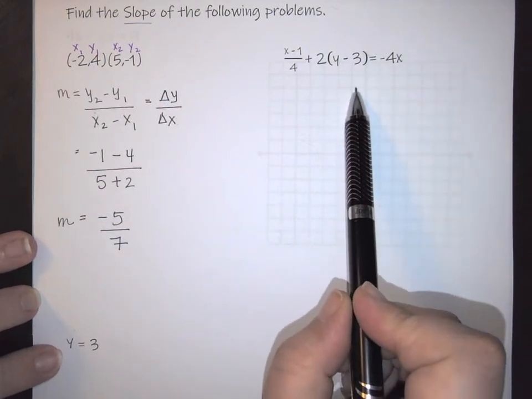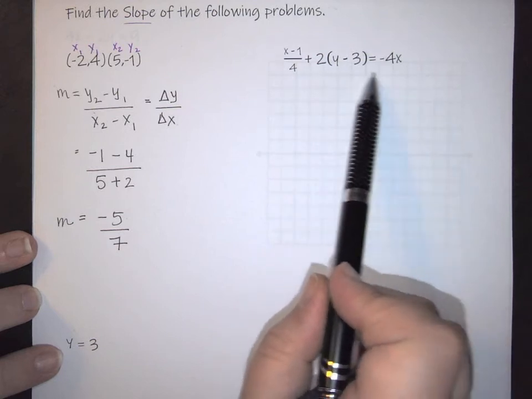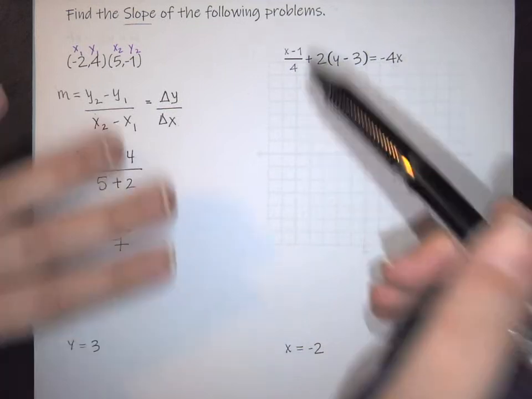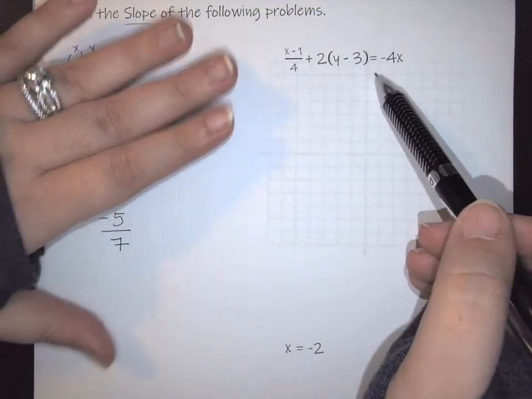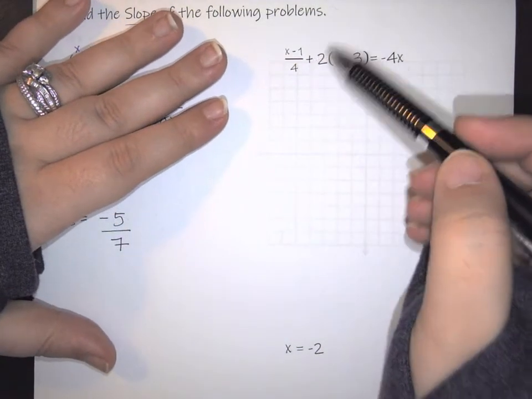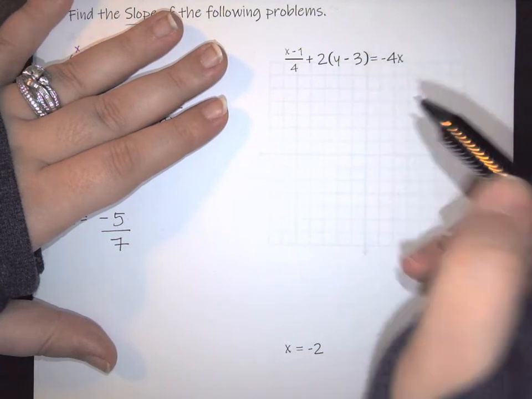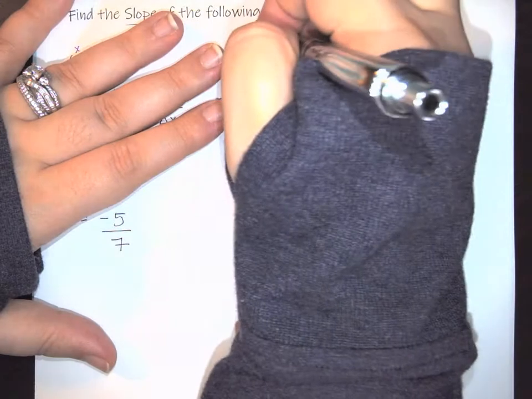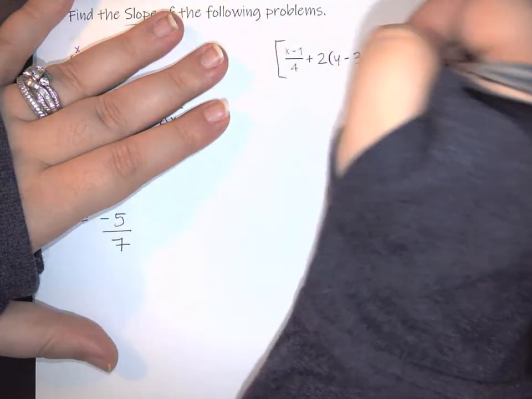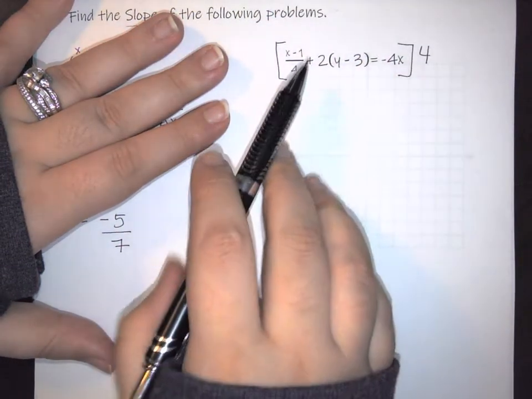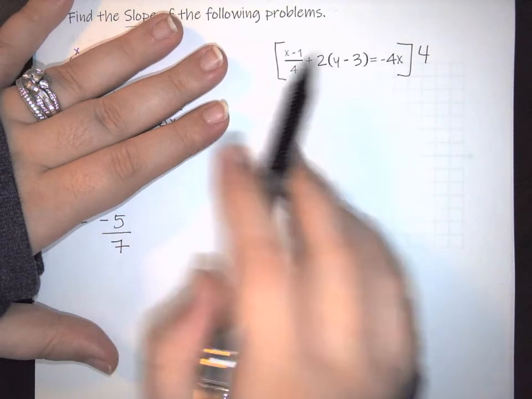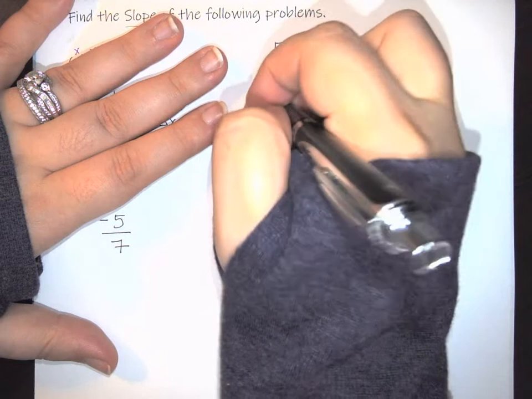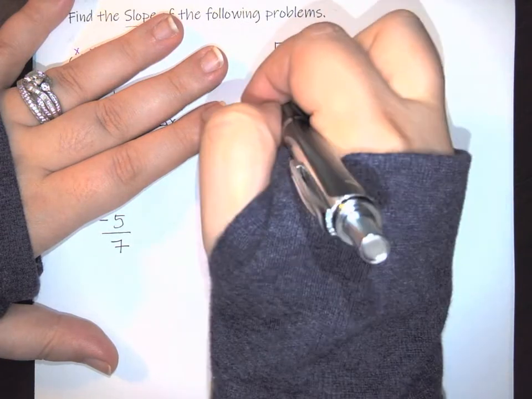Now in this next problem, you can see that we have a really strange, odd looking equation, and what you essentially have to do is manipulate this equation to get it into linear form. One of the ways we do that is to get rid of the denominator by multiplying the entire equation by that denominator, which was 4. So we multiply this first term by 4, and that leaves us with x minus 1.